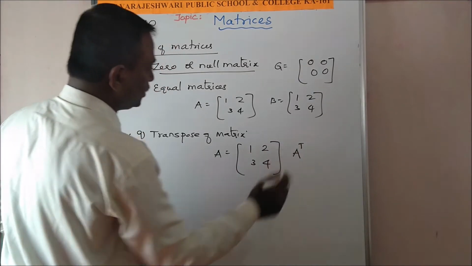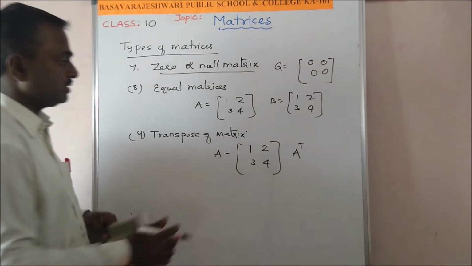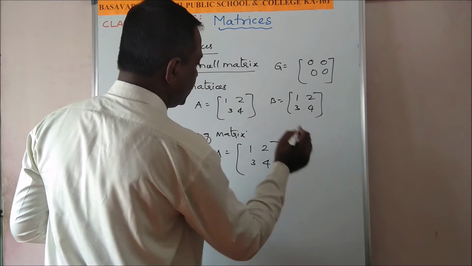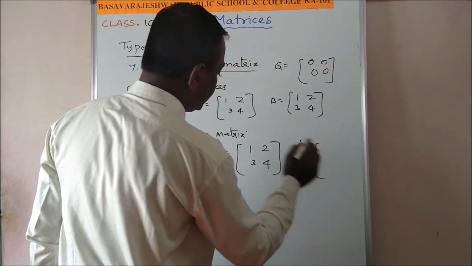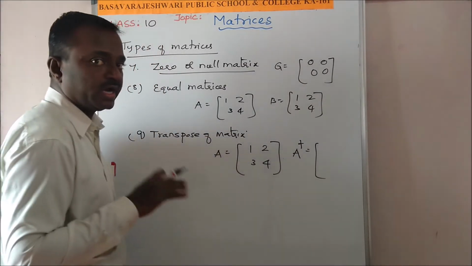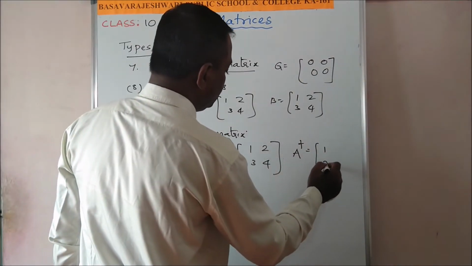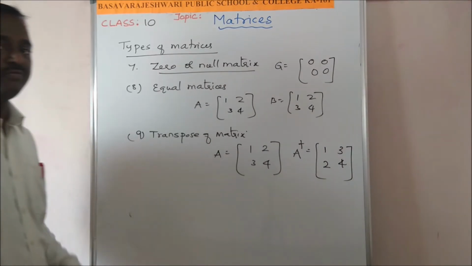Transpose is always represented by A T, or small t. That means whatever elements are in the row, we should write in columns. 1, 2, 3, 4. This is called the transpose of a matrix.